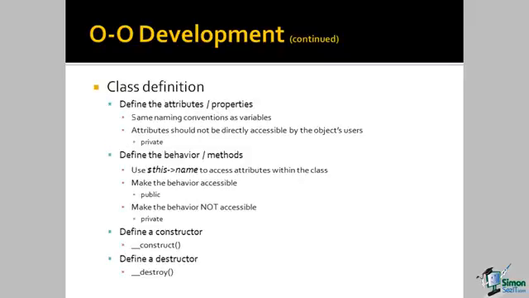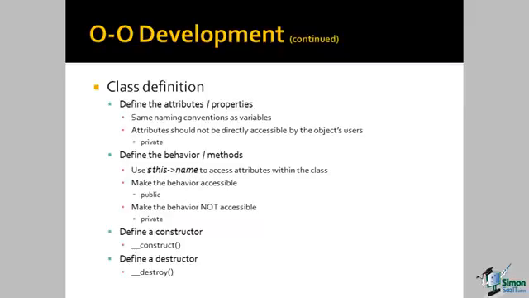So let's look at the syntax, the rules within PHP that allow us to create these classes for our applications. When we're defining the encapsulated data, the attributes and properties of the class, we have the same naming restrictions that we have with variables.